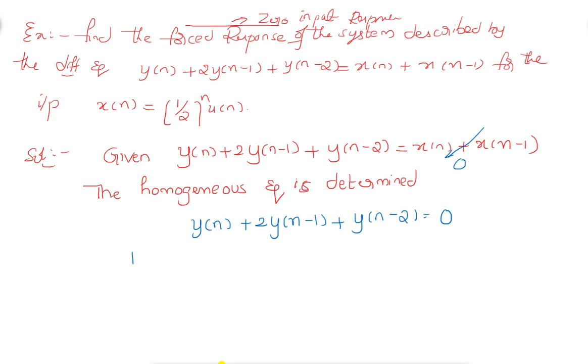The homogeneous solution is considered as yh of n equal to lambda to the power of n. Substituting y of n as lambda to the power of n, y of n minus 1 as lambda to the power of n minus 1, and y of n minus 2 as lambda to the power of n minus 2, we get lambda to the power of n plus 2 into lambda to the power of n minus 1 plus lambda to the power of n minus 2 equals 0.